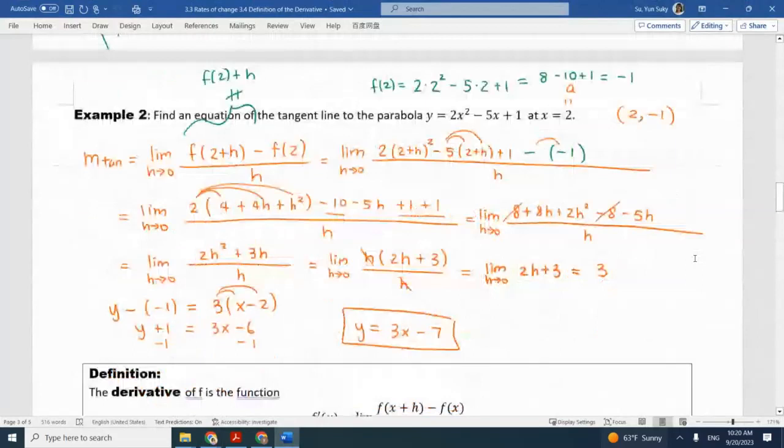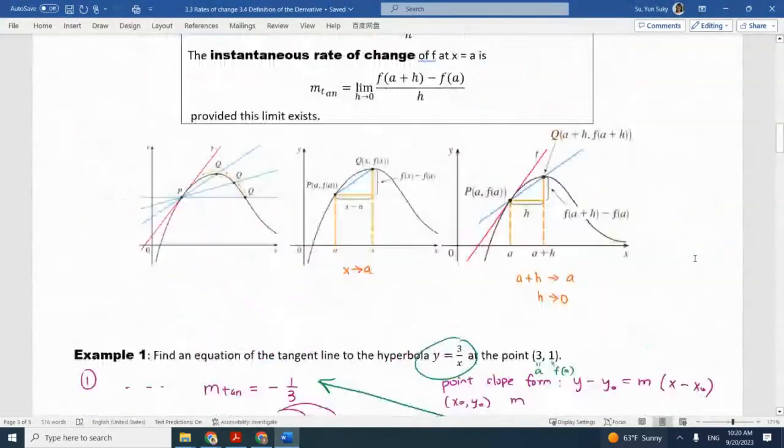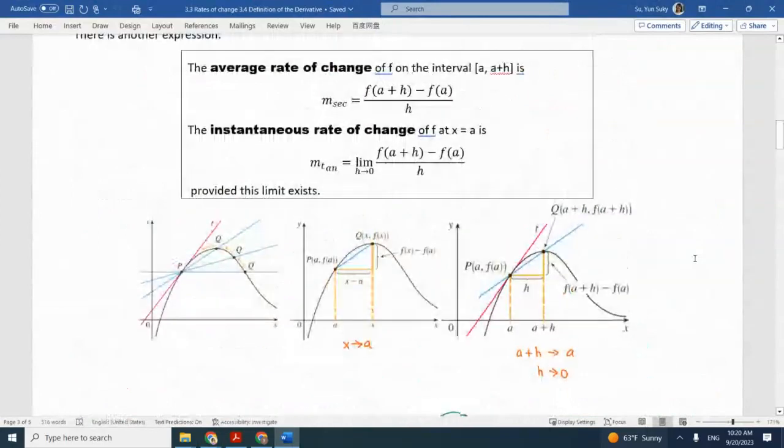Okay. Last time we talked about the tangent line. Remember those two formulas? It depends on the second point. The first point is always a. If you call the second point x, then the formula will be the limit of f of x minus f of a over x minus a. Do you remember, the slope of the secant line?